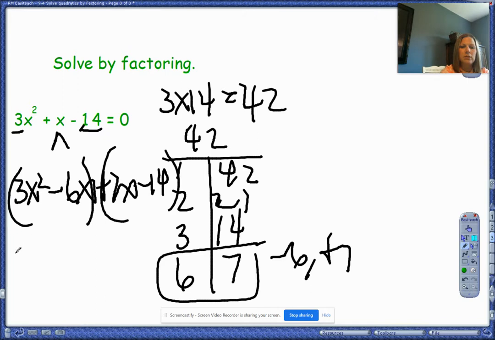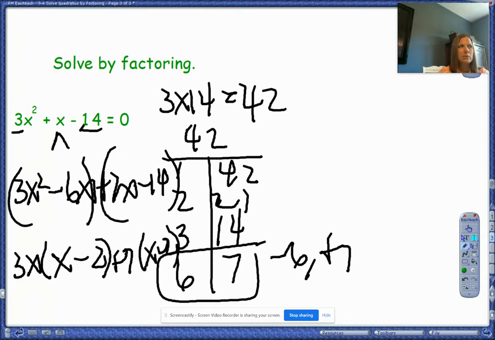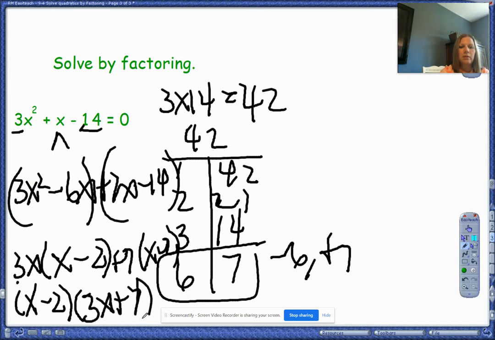Take out my GCF here, so 3x. I'm left with x minus 2. My GCF here is positive 7. I'm left with x minus 2. And then I'm going to have x minus 2 and then 3x plus 7. My pen is lagging. I'm sorry that looks like such a mess.